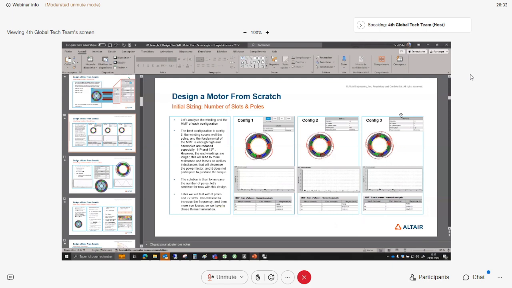So if we look at configuration 3, it seems the best one because we have quite similar fundamental, at least, but smaller harmonics.